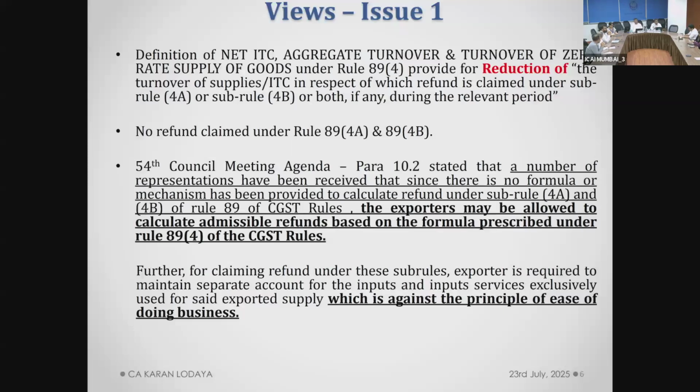So they themselves are telling in the 54th council meeting that no rule is prescribed for this, and that under 89.4 you have to give a bifurcation to the extent used in exports. They are telling it is against the principle of ease of doing business. So that's why from 8th of October 24 this rule has been omitted. 89.4B, 89.4 and 96.10 have been omitted from the statute.